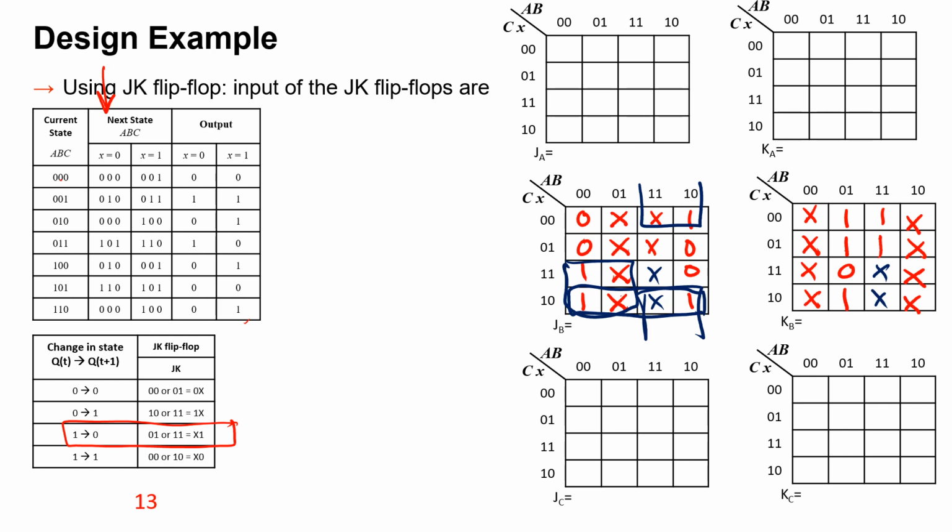Also this one is a neighbor with this, right? And all these are neighbors with each other. So KB, assuming I haven't made any mistake, will be just C bar or B X bar.